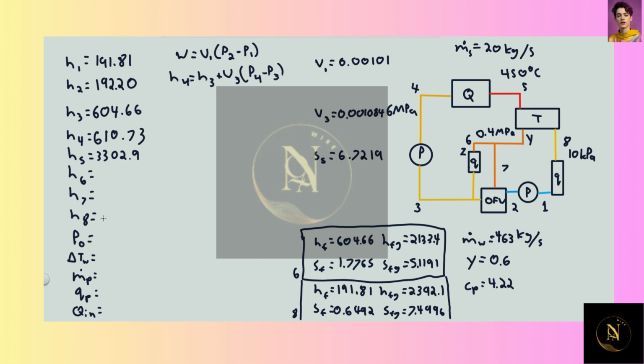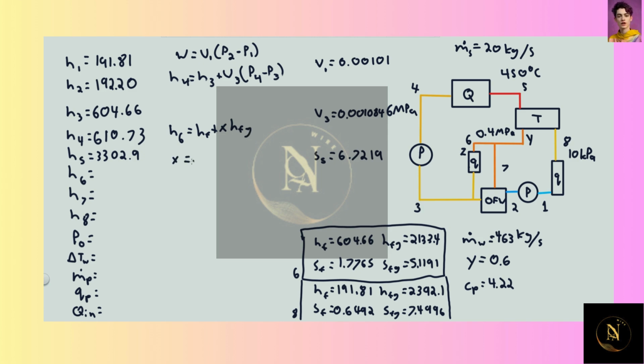Okay. For 6 and 7, they're going to have the same enthalpy. And for 8, we're going to use the steam quality equation. We might just look at the tables in the back, but we will find that it is below the saturation point of the steam. So we're going to just calculate it based on the steam quality. So our steam quality equation is H6, we'll start with, is equal to HF plus the steam quality times HFG.